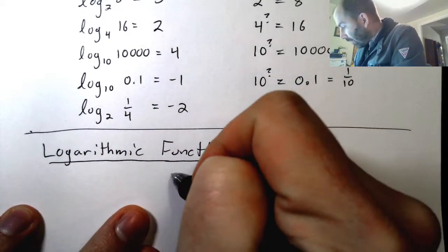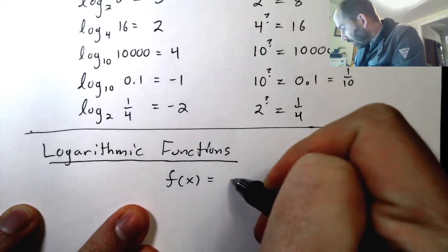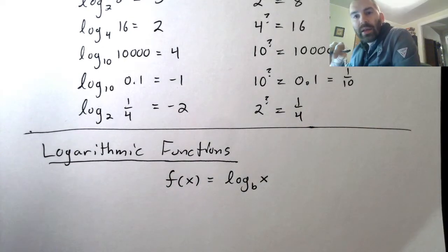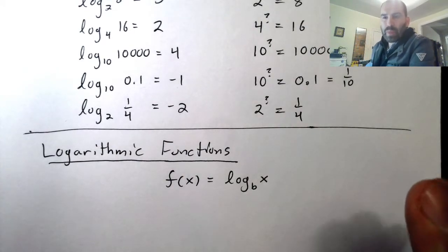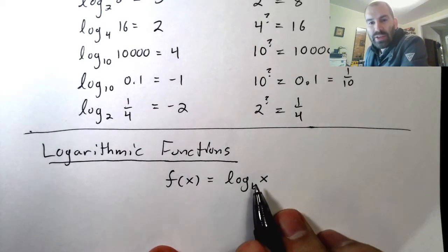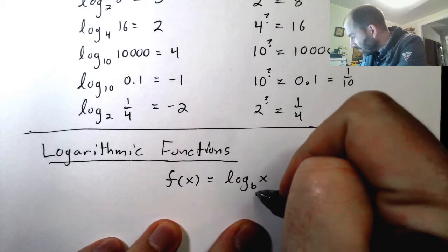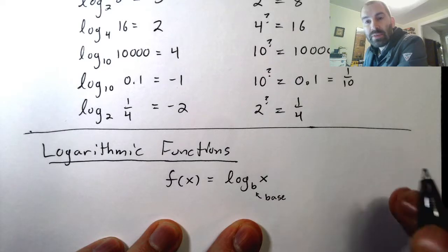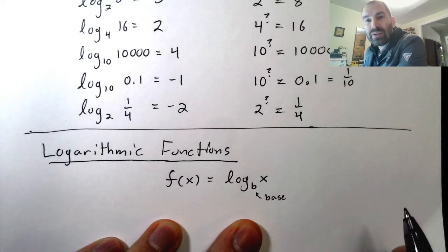A logarithmic function is just going to be a function of the form log base b of x. Remember that when we dealt with exponential functions, this base here was not allowed to be negative or 0, and it was not allowed to equal 1.